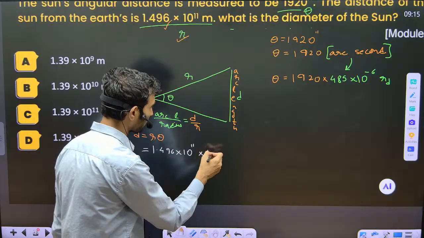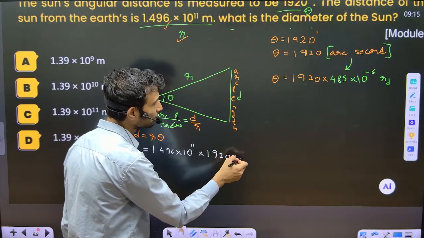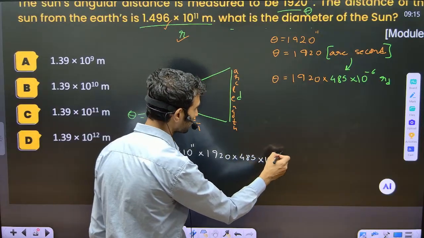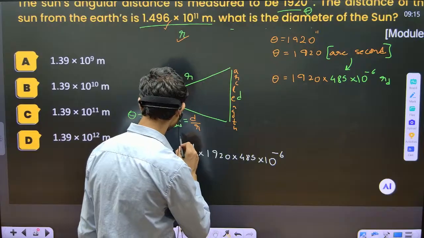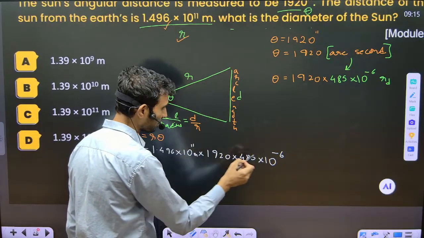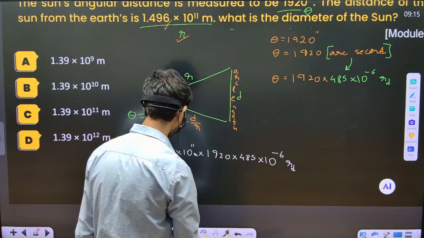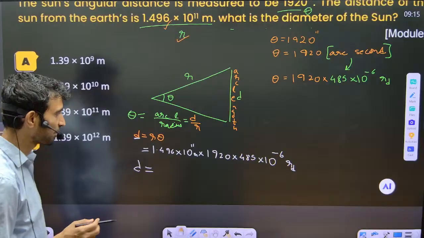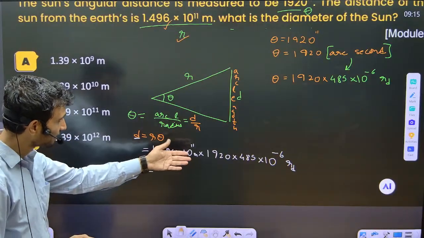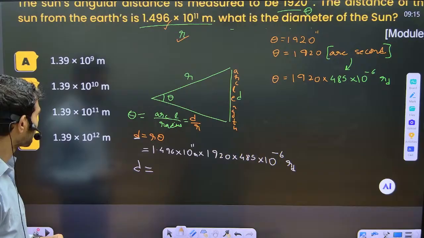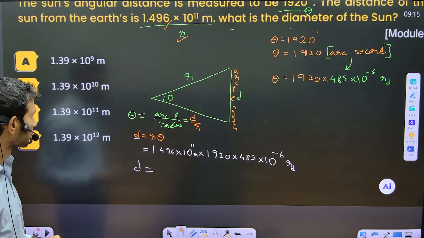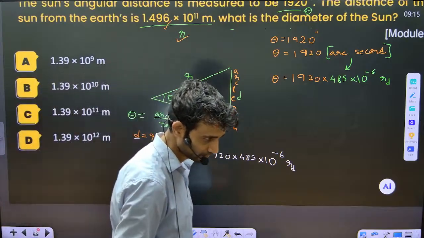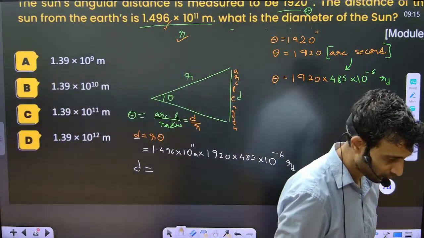Theta is 1920 into 485 into 10 raised to the power minus 6 radians. And we know since d is the diameter, its unit will be meter. So if we just multiply everything, we should get the answer, right? Try doing this calculation yourself and tell me what option you're getting.